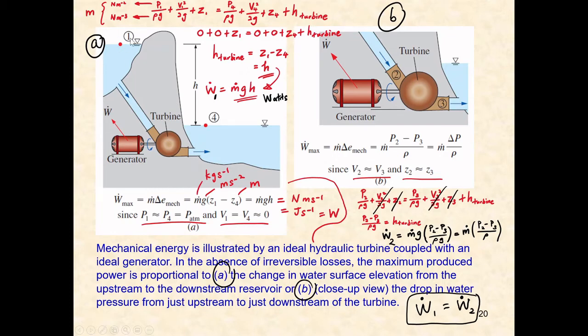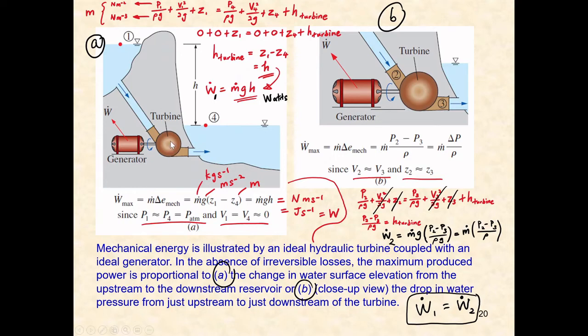If you look at exactly how that H turbine appears on the right hand side, it's very simple. You see the water flows from point 1 to point 4. When the water flows from point 1 to point 4, the energy changes from elevation to pressure, to kinetic, and then it enters the turbine and leaves, and then goes to the ocean, to the river, to the downstream.